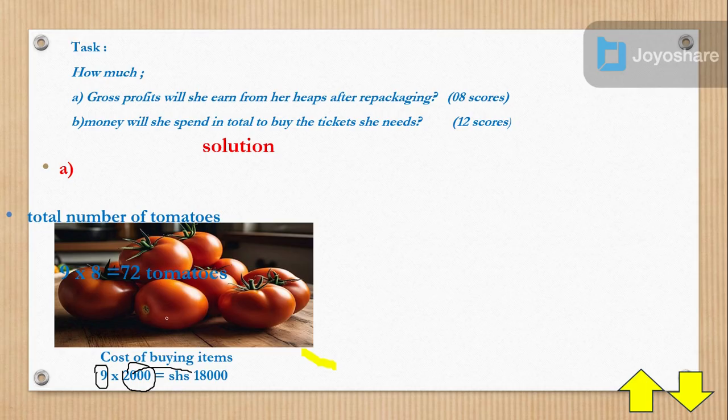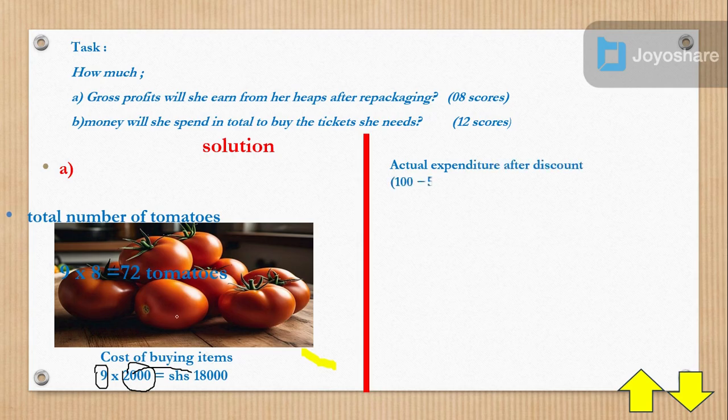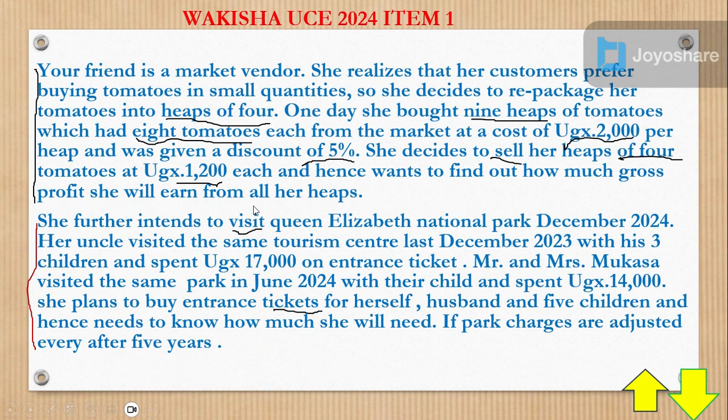Now next, remember when she was in the market, as per our question, she was given some discount. A discount is more like a reduction in price. It's an offer given by business owners in a way to keep their customers. So she was given a 5% discount from here.